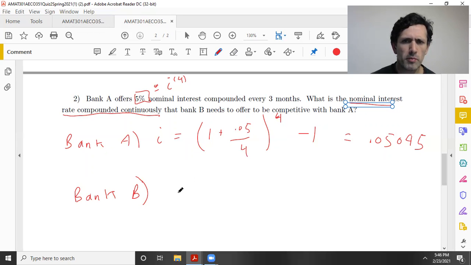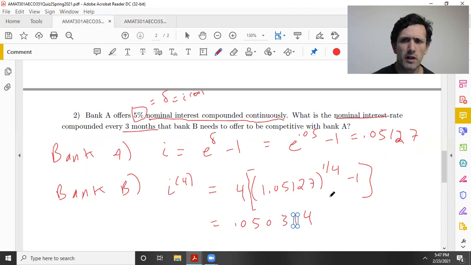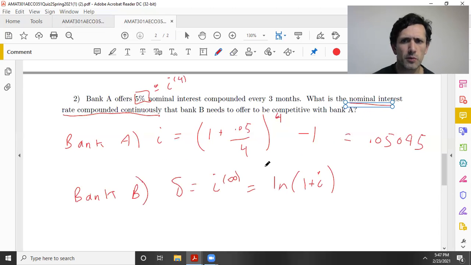Right, so remember the formula is, and I don't care if you call it delta or I infinity, whatever, it's ln of 1 plus I. So here it's different. In the first version we're given delta and figure out what I is. Here we're given I and figure out what delta is.